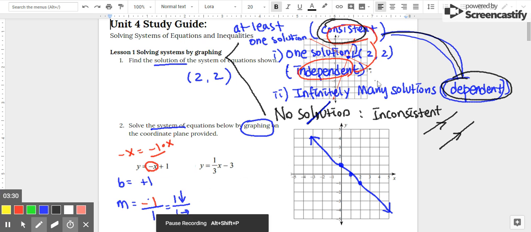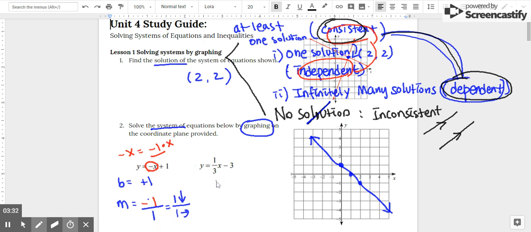Now I'm going to find the y-intercept and slope of the second line. What's the y-intercept? -3. Don't forget to bring that sign with the 3. And the slope is 1 over 3. It's already in fraction form: 1 up, 3 to the right.